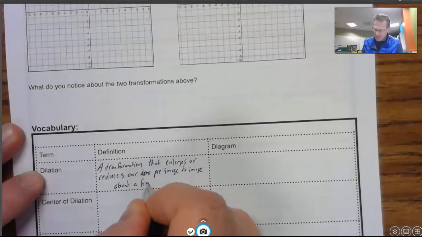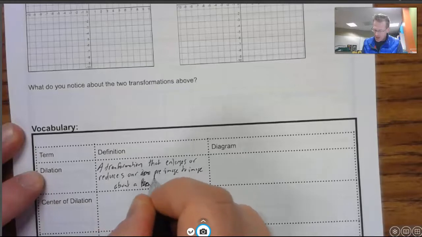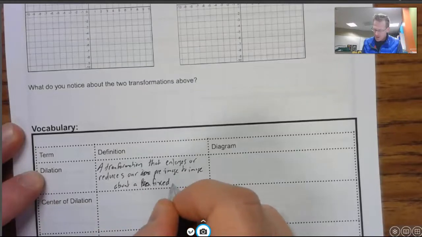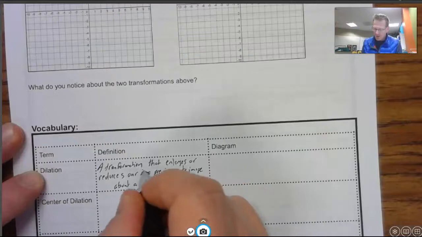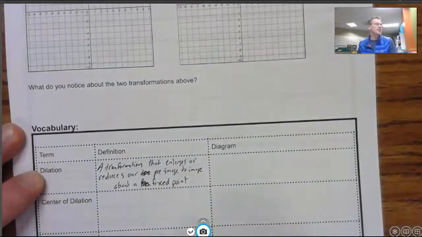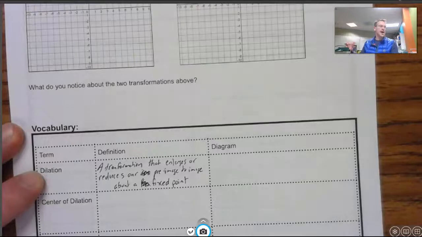Almost left that out, fixed. I'm having a hard time writing this morning. Need some more coffee. About a fixed point. So a transformation that enlarges or reduces our pre-image to image about a fixed point.